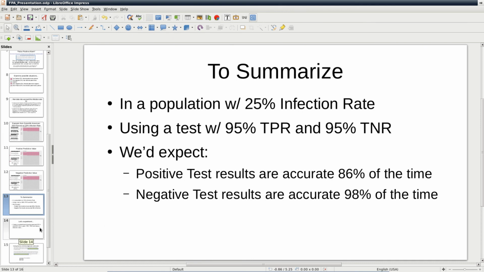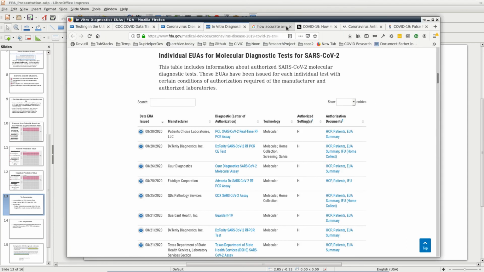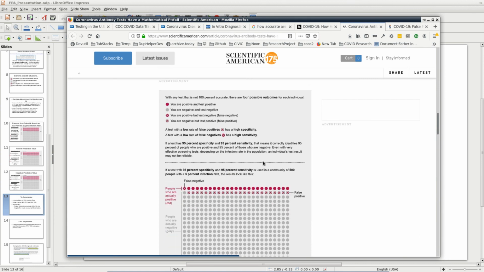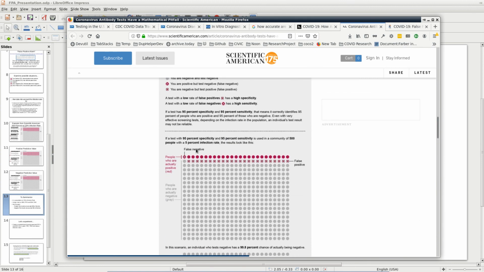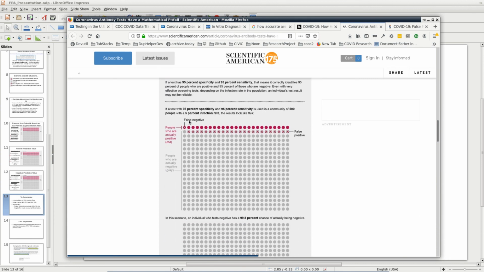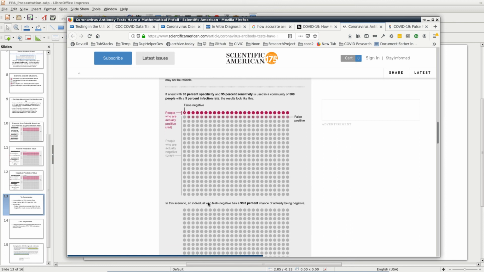So yeah, if you go look at the article, they show that in contrast, here I can just pull it up right now. Here they show it with a population with only a 5% infection rate. And it's actually much more dramatic, the difference. We see that in this scenario, an individual who tests negative has a 99.8% chance of being a true negative.